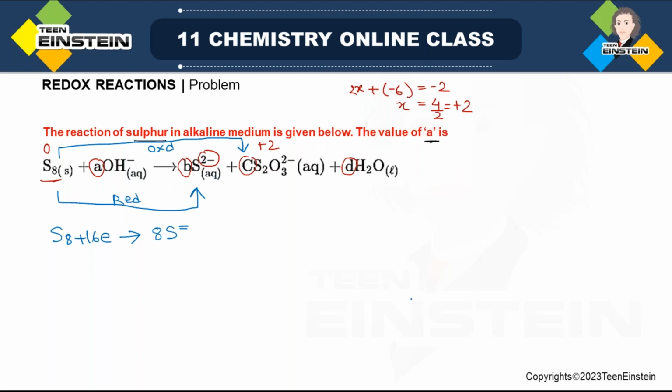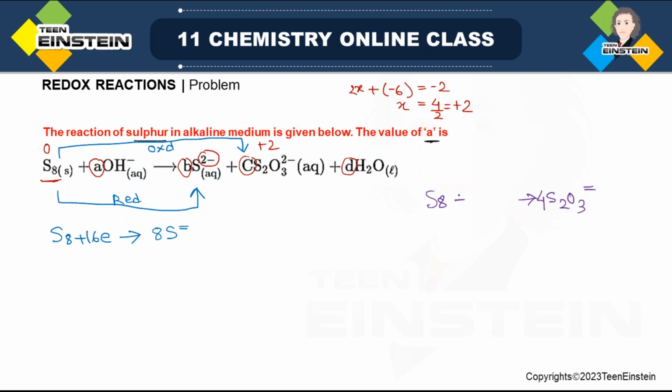Fine. Now the other half reaction, it is again S8 I will write, then S2O3 2 minus. Now as it is S2O3, to balance the sulfur, we have to multiply it with 4. Total oxygen on the right hand side is 3 into 4, 12.